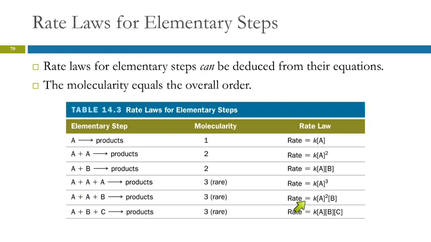Very rare. Here we've got A squared times B. That would be 2 molecules of A and 1 of B. Here we've got A times B times C. So we need 1 of each of those colliding. So when we look at the rate law, we can work backwards and find a mechanism step, the elementary step that would correspond to that.